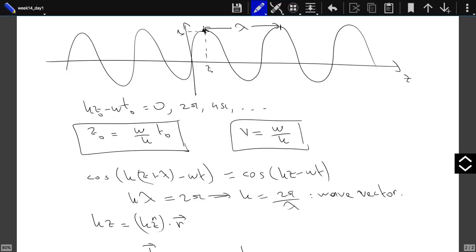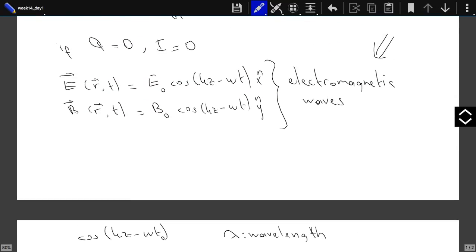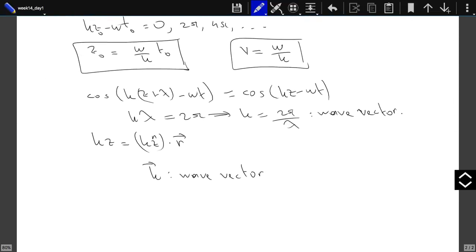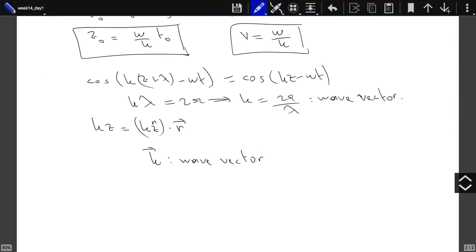And if we can find a condition on omega and k, from that condition we can calculate the velocity of that wave. So that is what we will be aiming at. Are there electromagnetic waves? And if there are, what are their velocities? That is what we will be searching for. Other questions?